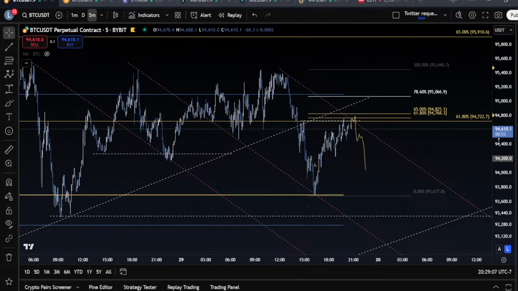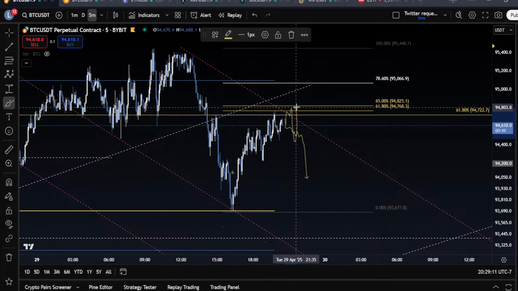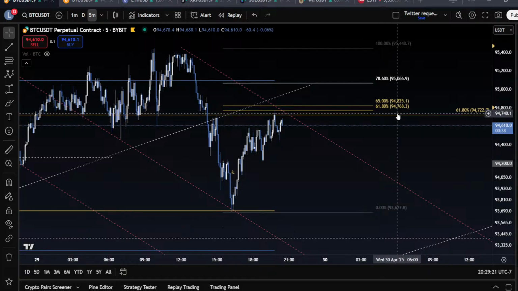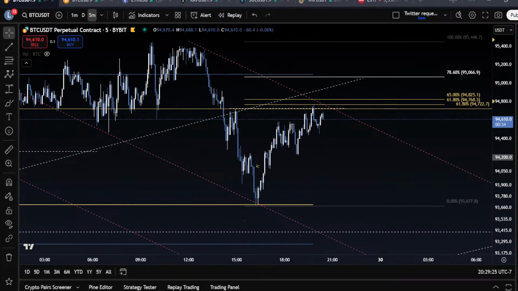Wick this high again, maybe some more shorts open and then get wicked out at the highs. Who knows? Or we just break out. But you could end up sitting here for 30 minutes, 40 minutes, an hour without much happening.